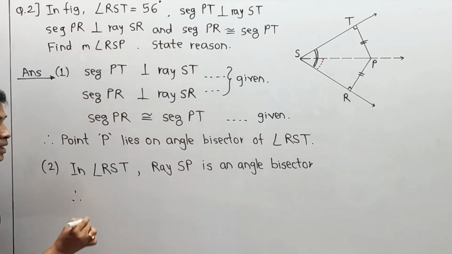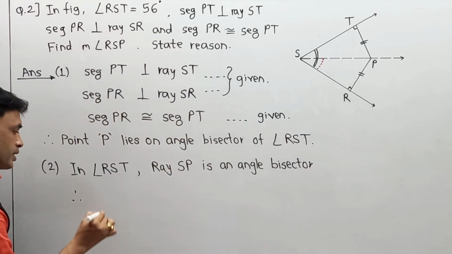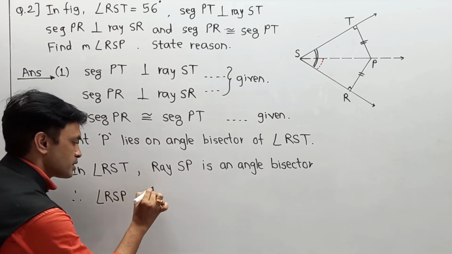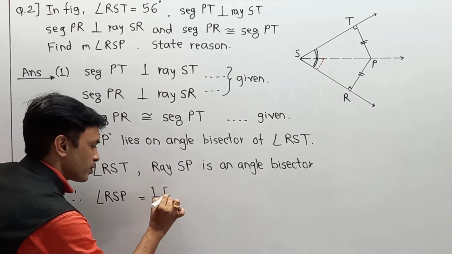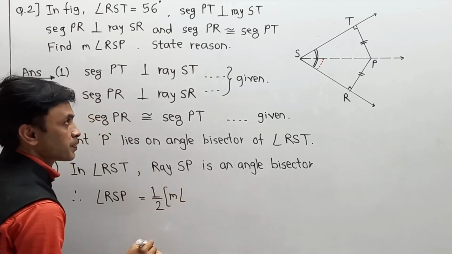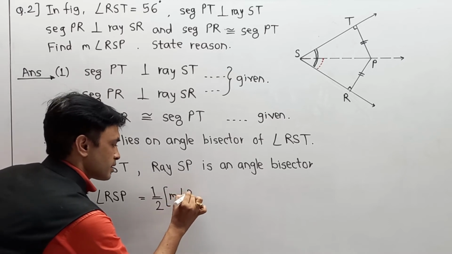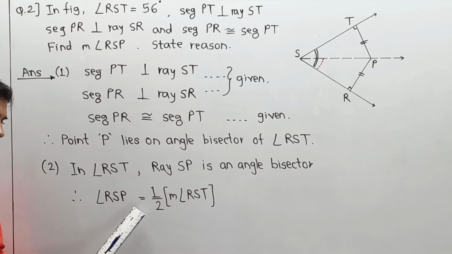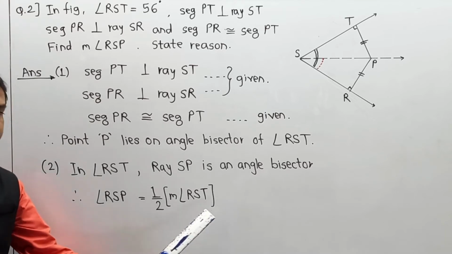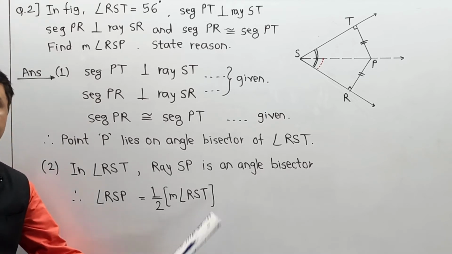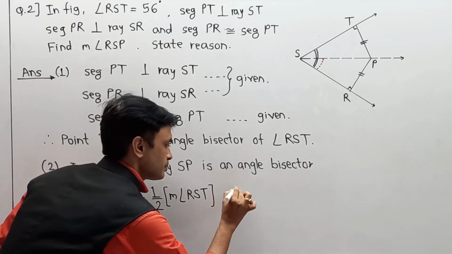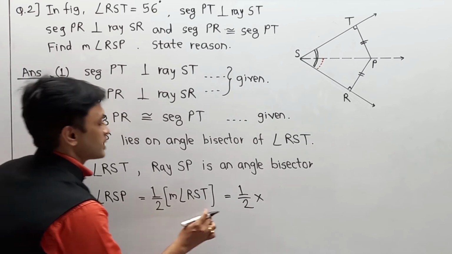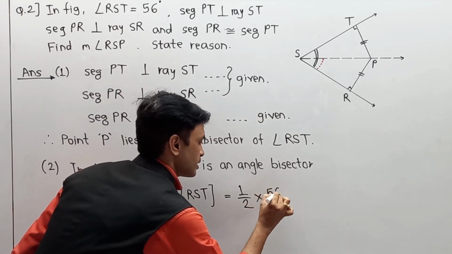Therefore, the measure of angle RSP is equal to half of the measure of angle RST. Now they have given measure of angle RST, and that is half into the value of angle RST, that is given as 56 degrees.